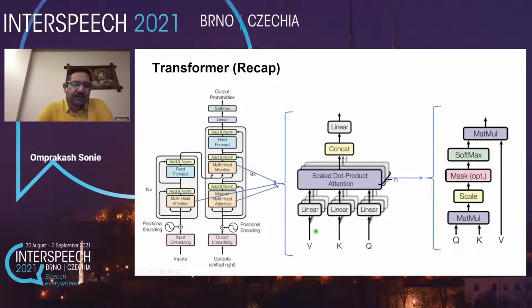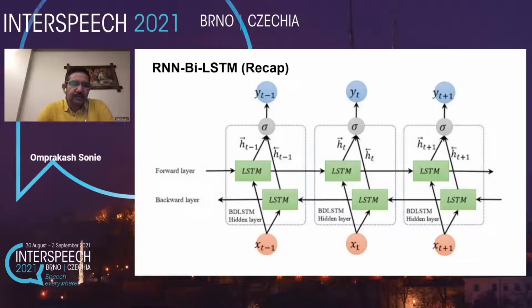One of the basics covered there was scaled dot-product attention. Historically there was also the BiLSTM, where you have a forward layer and a backward layer, the input sequence is presented to the BiLSTM layer, and you take the output from forward and backward and concatenate it.